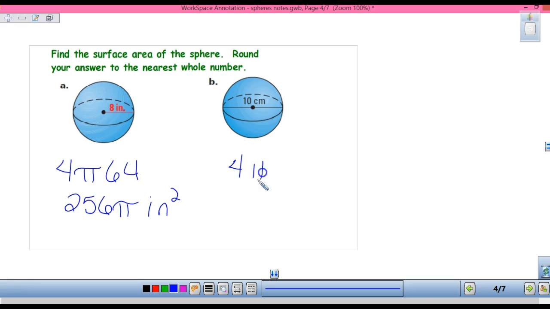So 4 times pi times 25, because we had to take 5 squared to get 25. So we have 100 pi centimeters squared. Again, looking at some of your assignments, we're still not very good at remembering to hook pi onto our answers. So be very careful with that.